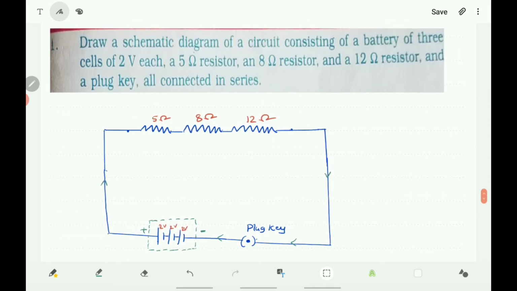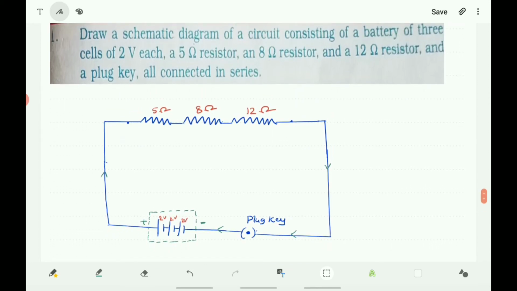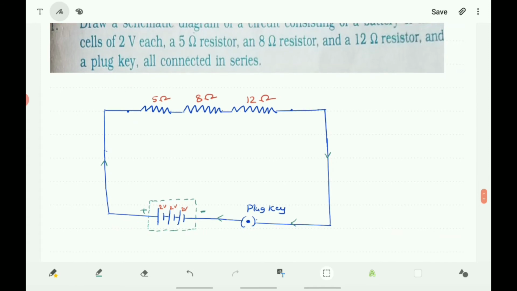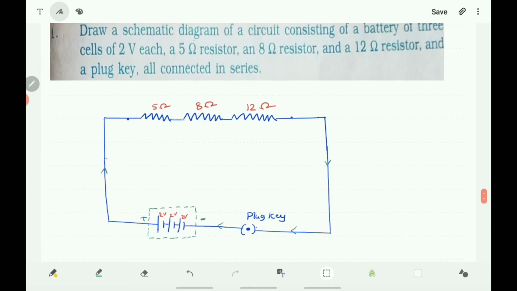See the schematic diagram of the circuit consisting of a battery of 6 volt, that is 3 cells of 2V each here, and here there are 3 resistors of 5 ohm, 8 ohm and 12 ohm. Plug key is here, and all these components are connected in series.